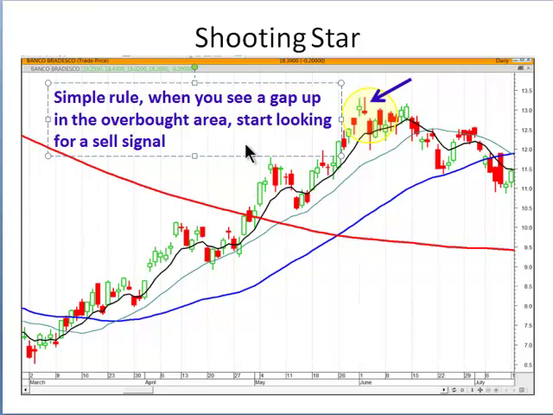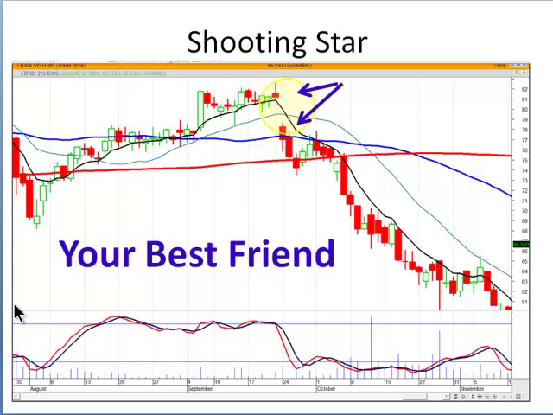The simple rule with candlestick analysis: if you see them gap it up in an overbought condition, start watching for a sell signal. Here we had a case they gapped up, did a doji, the next day they did a shooting star, gapped it down. That was kind of the start of this downward trajectory.